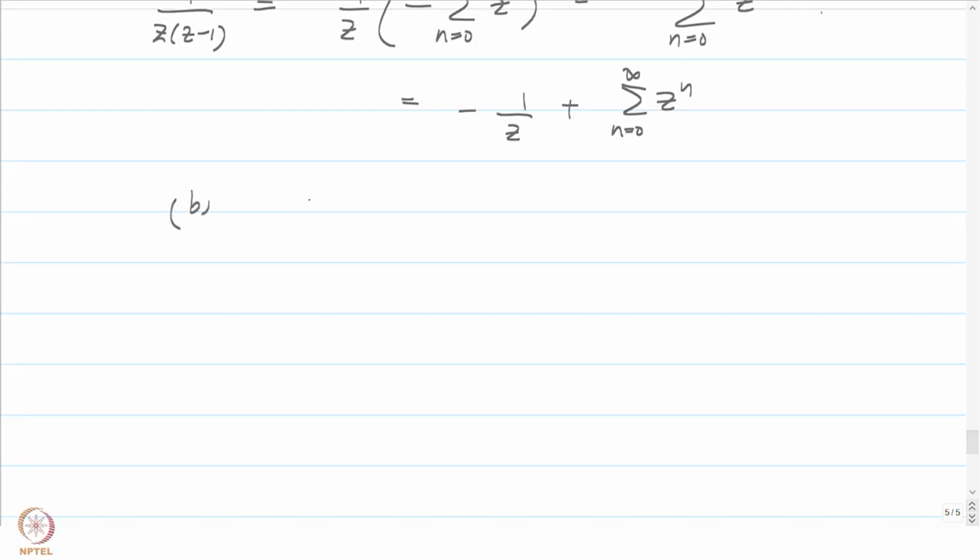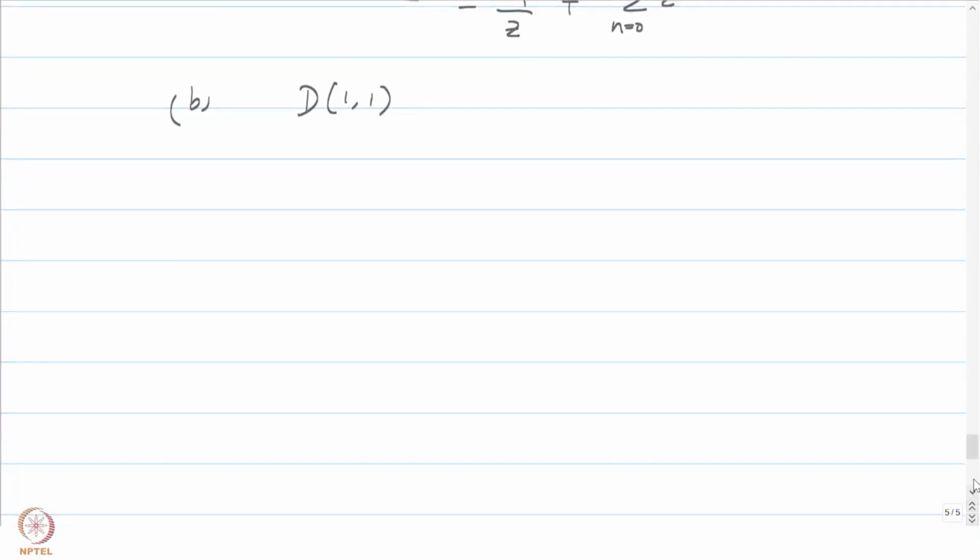How about when we focus our attention on D(1,1)? The techniques are not going to be very different. Then on D(1,1), what is going to be 1 by z? We'll just rewrite this as 1 by 1 minus (1 minus z). Now on D(1,1), 1 minus z will have absolute value less than 1. Again, we can talk about the power series expansion here. This is going to be (1 minus z) to the power n, where n goes from 0 to infinity. So that's going to be 1 by z on D(1,1).